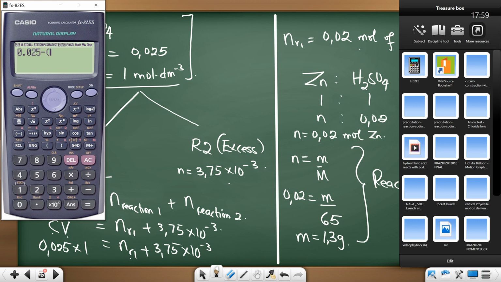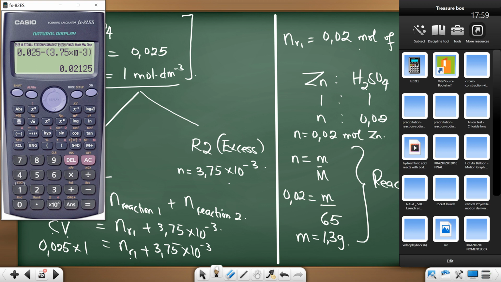0.025 minus 3.75 times 10 to the power negative 3. Please, I am not done, guys. I am not done with the calculation. Why are you giving me 0.02? Guys, we don't round off in the middle of a calculation.